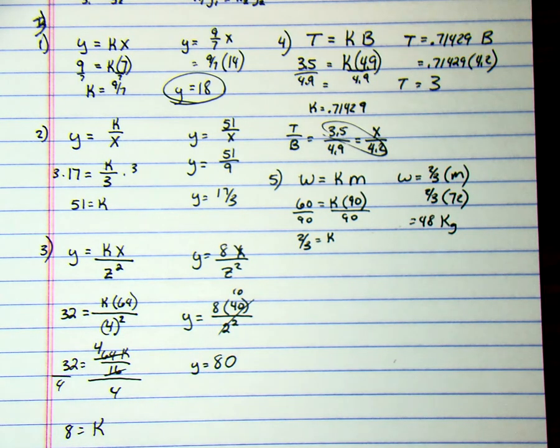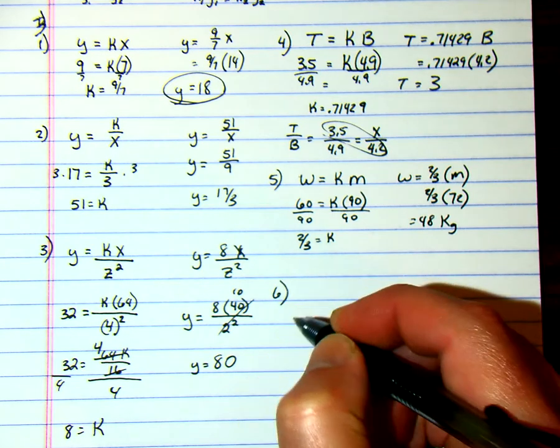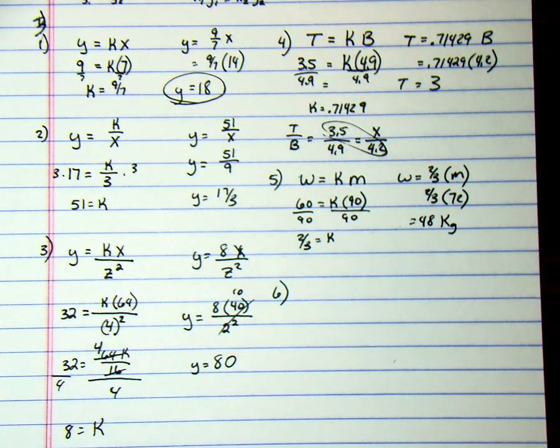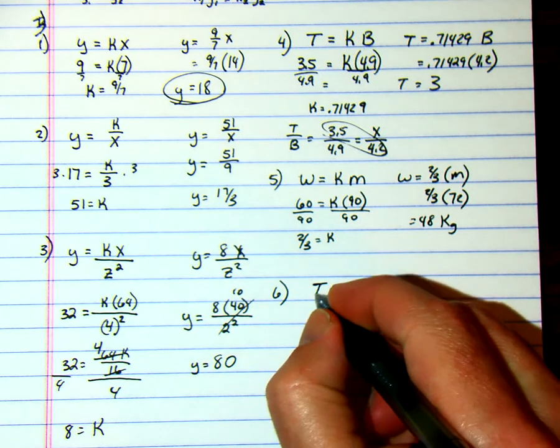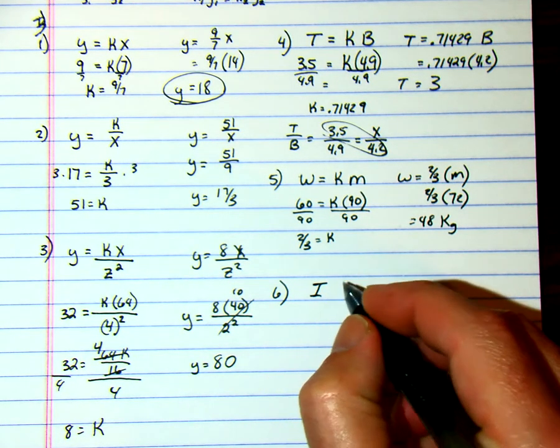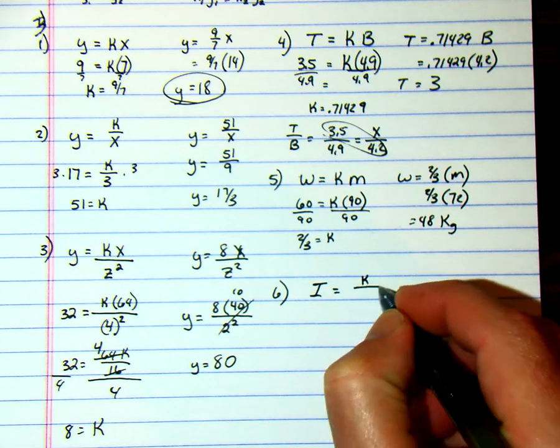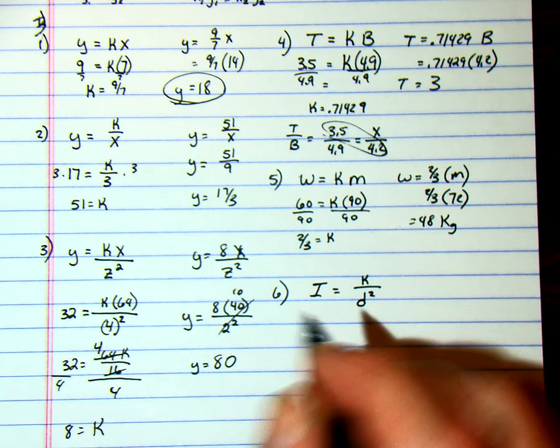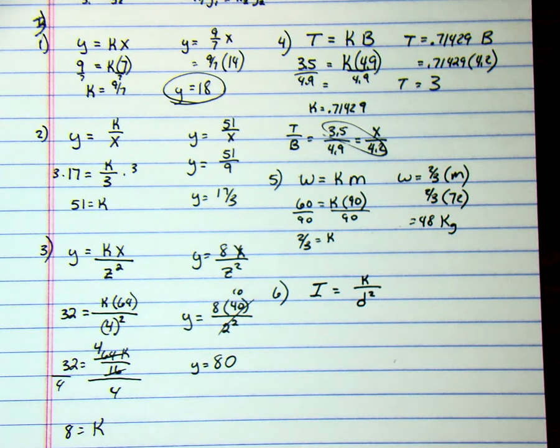Here we are, number 6. Radiation machines are used to treat tumors. They produce an intensity of radiation that varies inversely as the square of the distance from the machine.